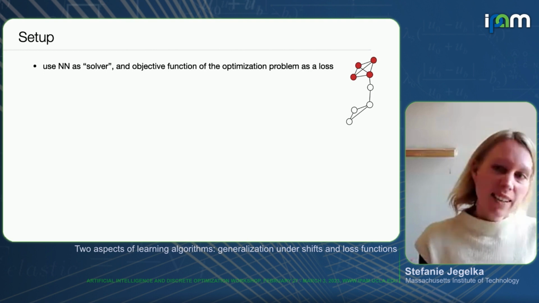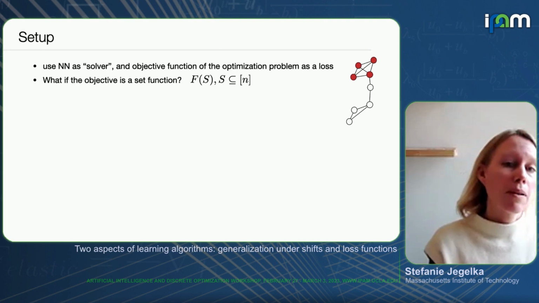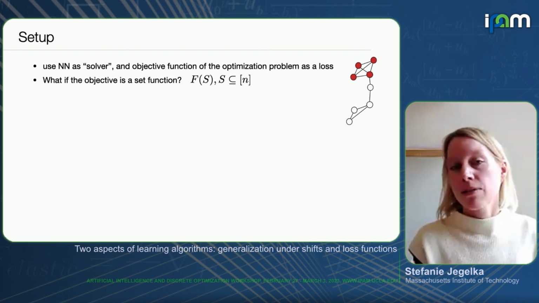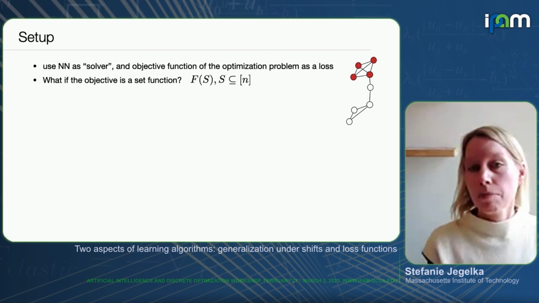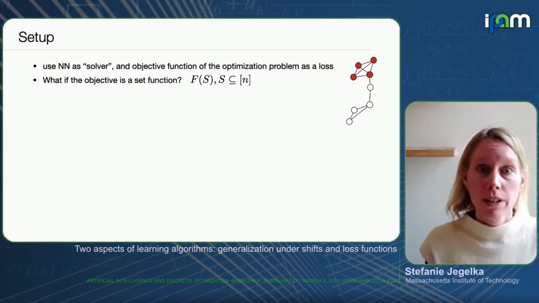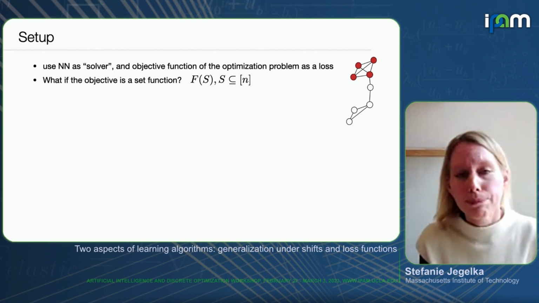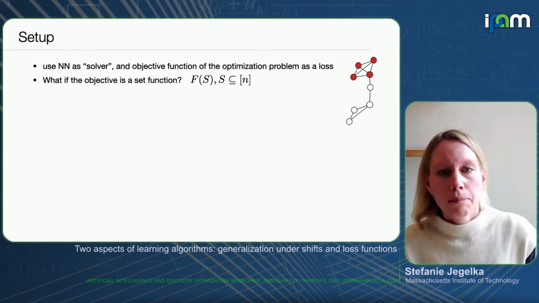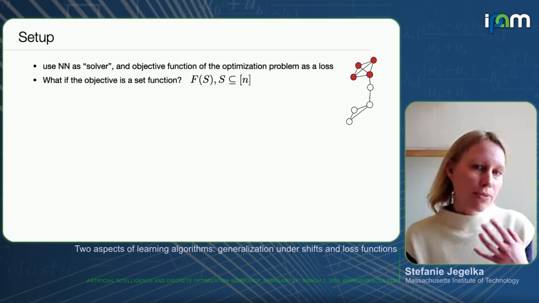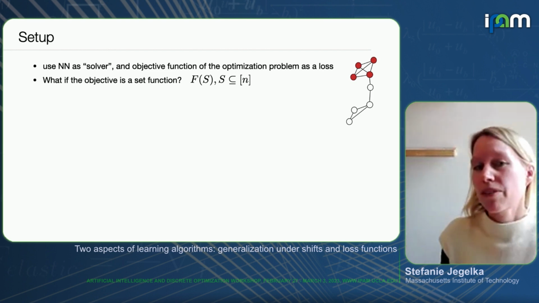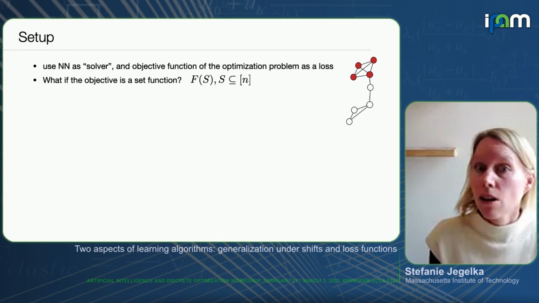If we look at this as an optimization problem, what this typically means is we have some function that gives us a penalty on a subset of nodes or a subset of edges. So we have a set function that assigns values to sets. Now, we could just train a neural network with that as the objective function, as the loss function.